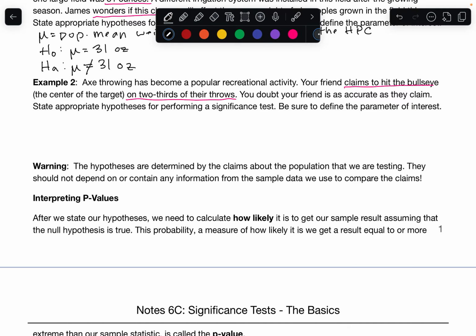So I know that I'm going to need to define my proportion. And this is the population proportion of center hits on the bullseye.